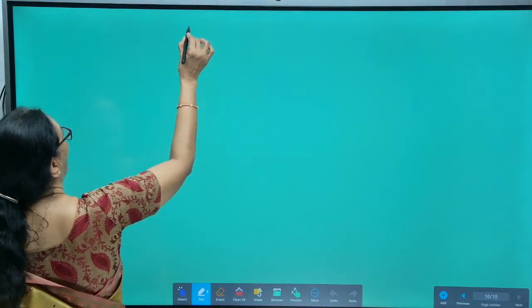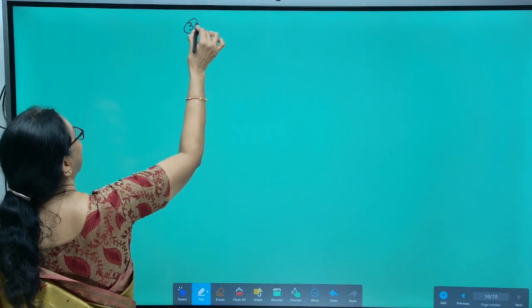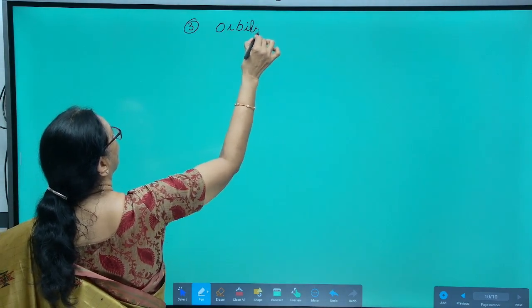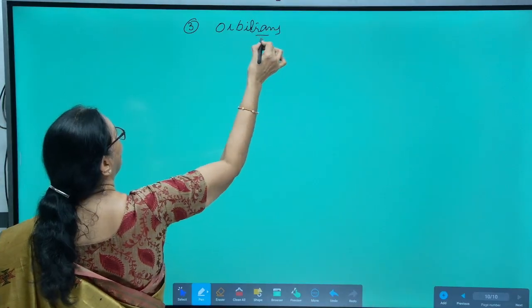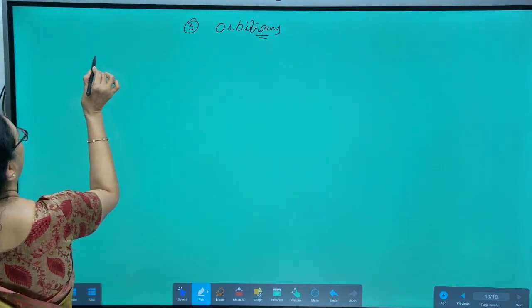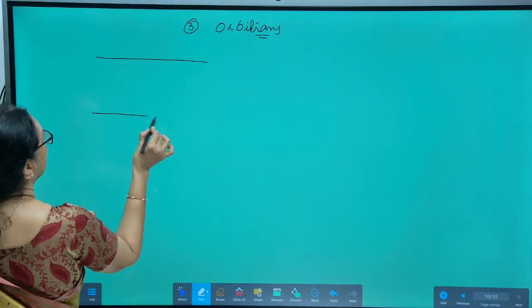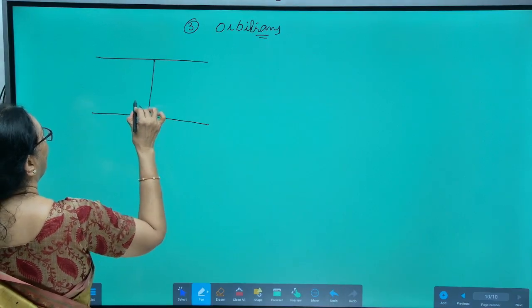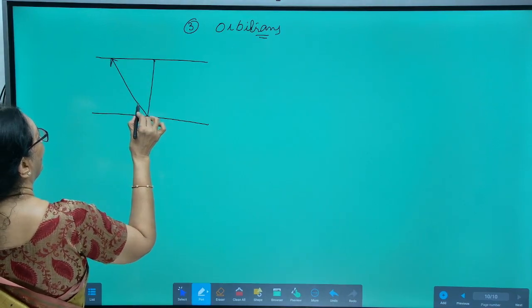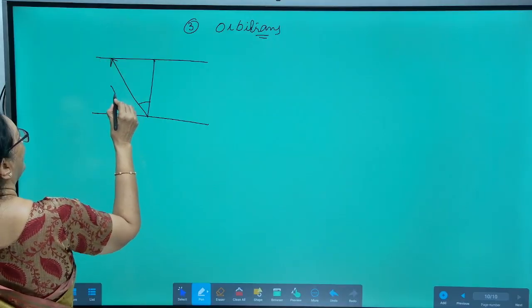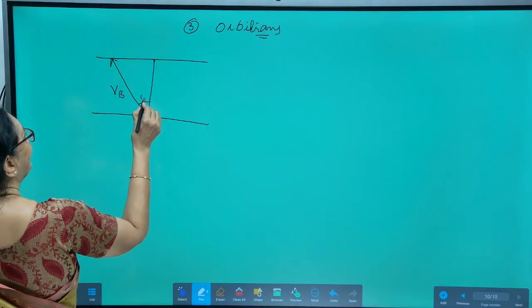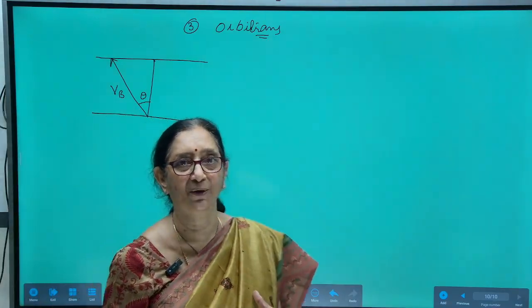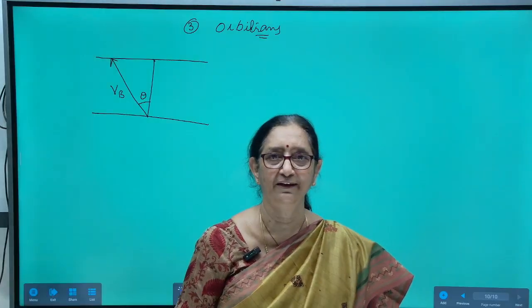Case 3, in any arbitrary direction. Once again, this is the river, this is the width of the river. He is rowing his boat with a velocity Vb at an angle theta, because he doesn't know the exact velocity of water.